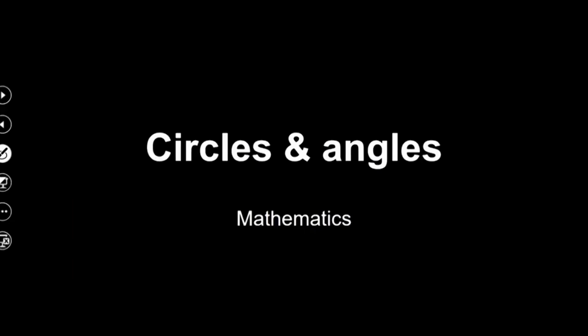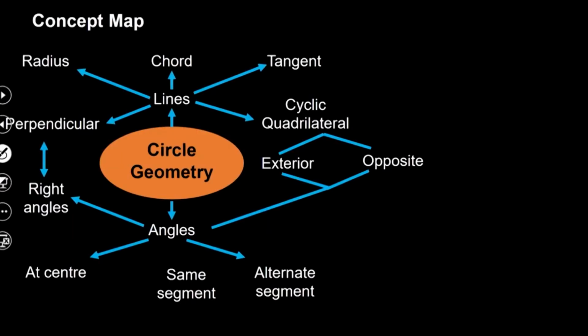Remember our mind map or concept map: we've looked at the concept of a radius and the concept of a chord. A tangent we're going to look at at a later stage. And then we also looked at the concept of perpendicular lines.